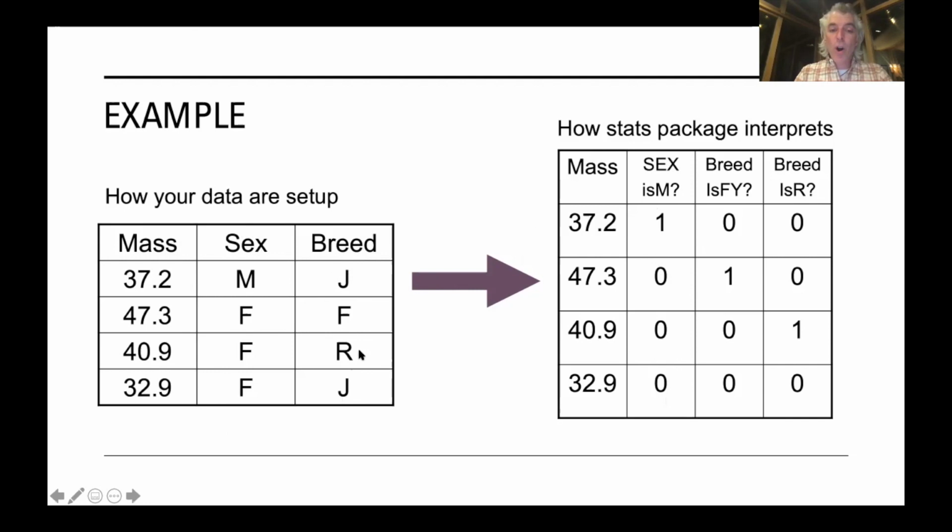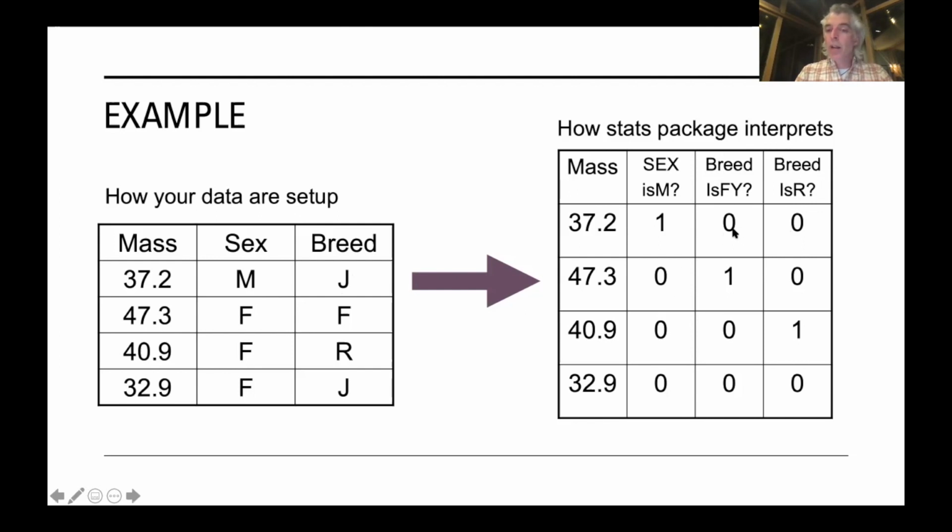Now, our breeding status categorical predictor has 3 different levels: juvenile, first year, and repeat breeder. And if you recall, we can completely describe a categorical predictor with 3 different levels using 2 different yes or no questions. First of all, is the breeder a first-year breeder? Is the breeder a repeat breeder? And if our answer to both of these questions is no, then we know that it must be a juvenile.